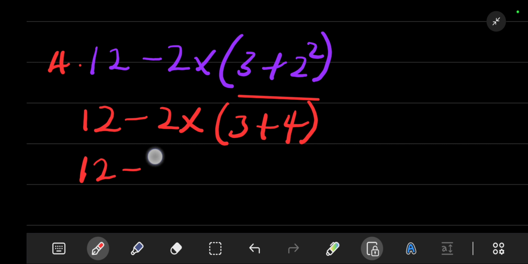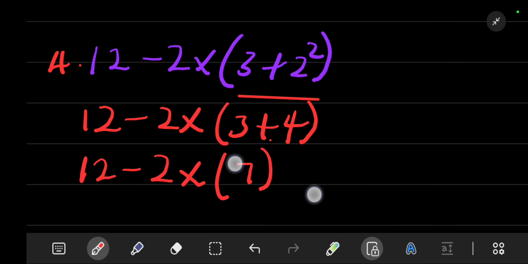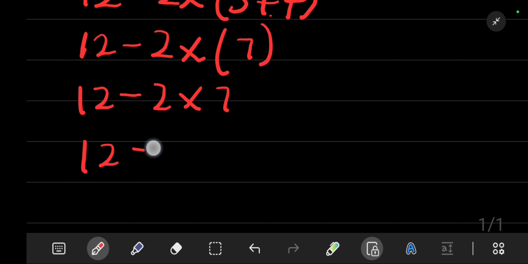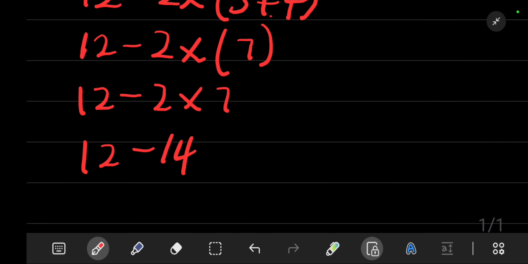Then 12 minus 2 multiplied by (3 plus 4) equals 7. Okay. Now we have 12 minus 2 multiplied by 7, and 2 times 7 equals 14. Therefore, 12 minus 14 will give us negative 2, and this is our final answer.